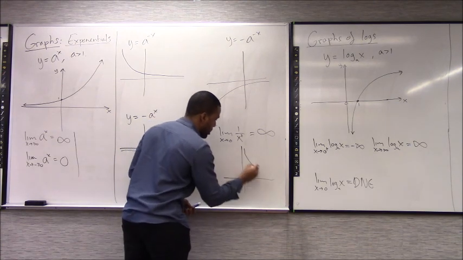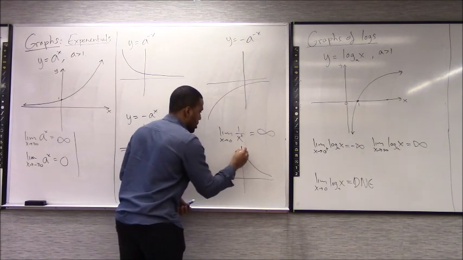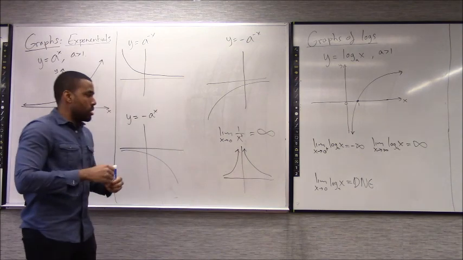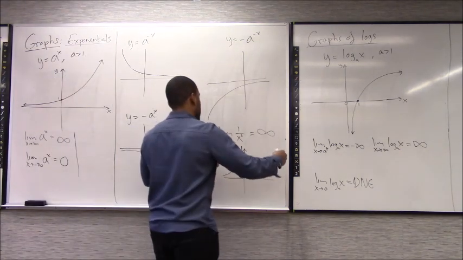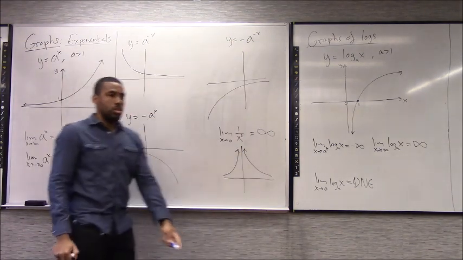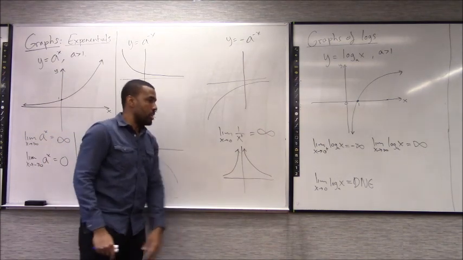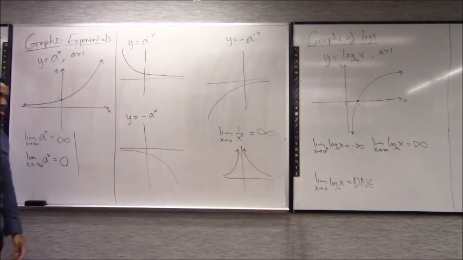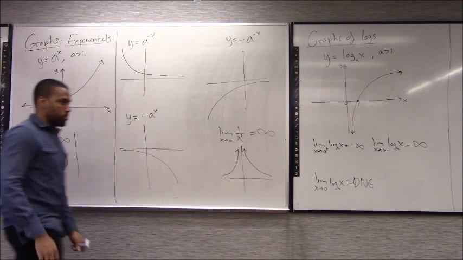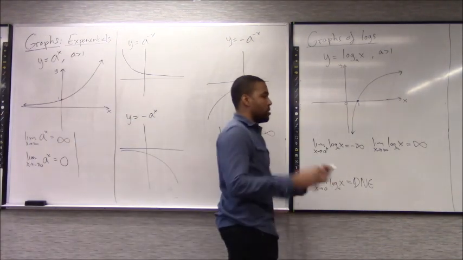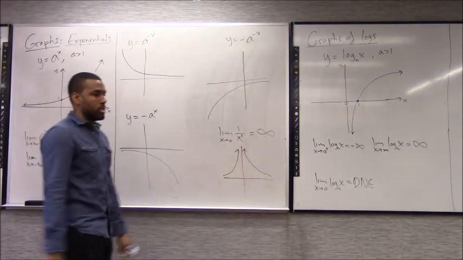That guy would look like this. Technically there is no number, but if you come from the right or the left, they both shoot up to infinity. So I do consider infinity to be an answer that should be deduced. Does not exist means that infinity or any number would not make sense to write down.